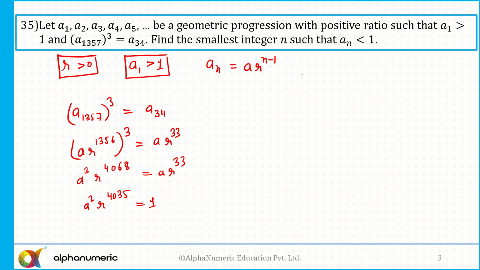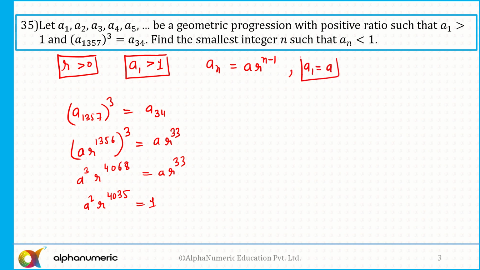And we also know that the first term is greater than 1. So it means what? What's with the value of R? Because the first term A1 is equal to nothing but A here.